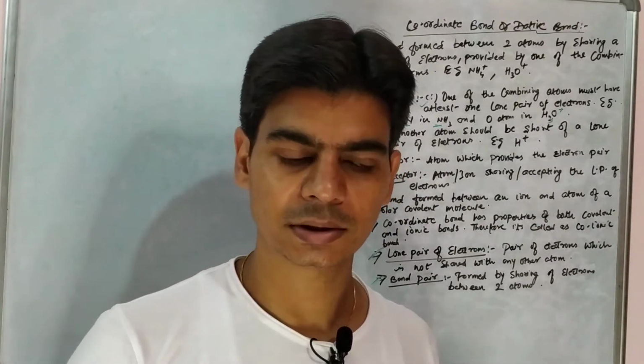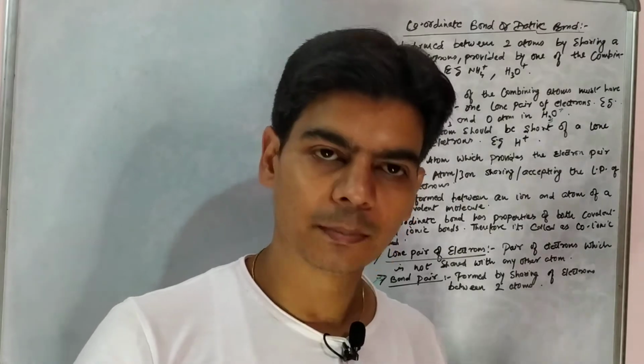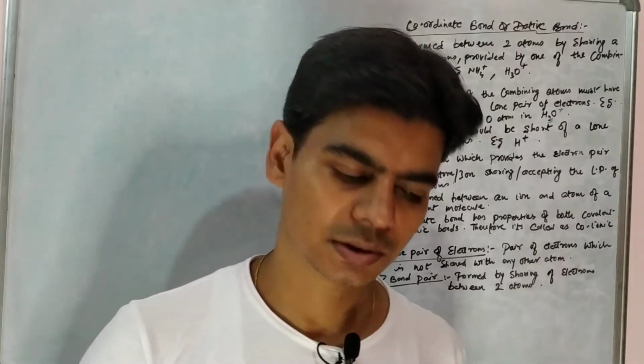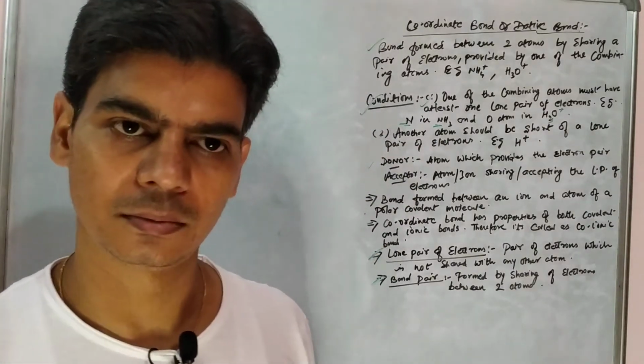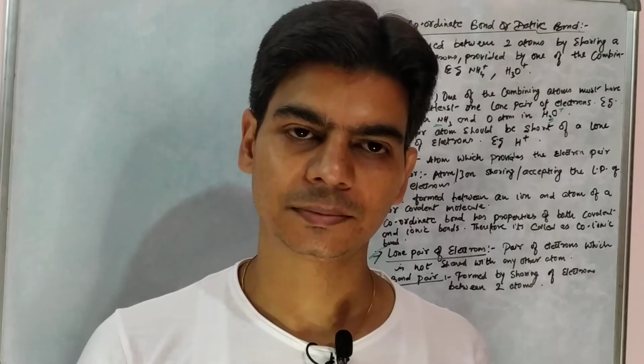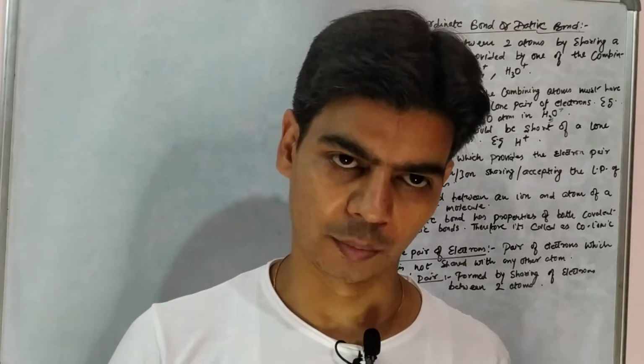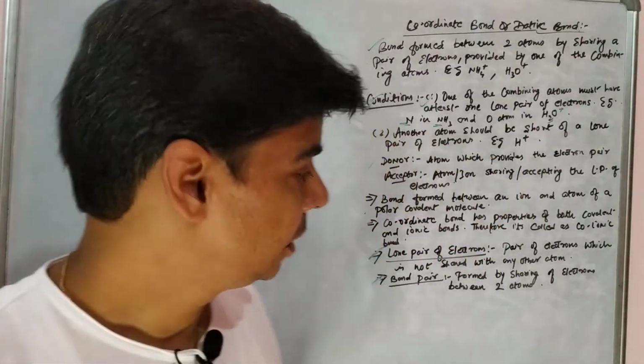That is, the same number of electrons would come from both the combining atoms. Like in the case of hydrogen molecule formation, both the hydrogen atoms contributed one electron each in covalent bond formation, right?